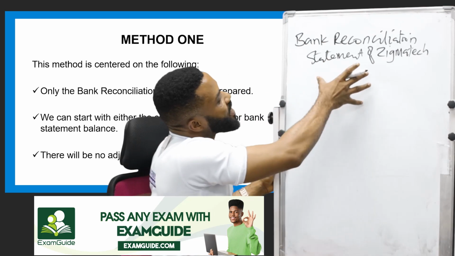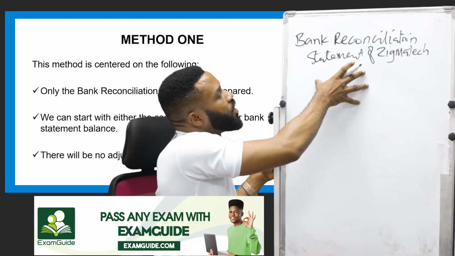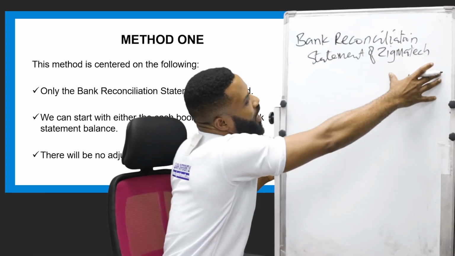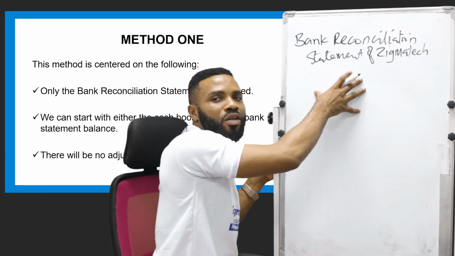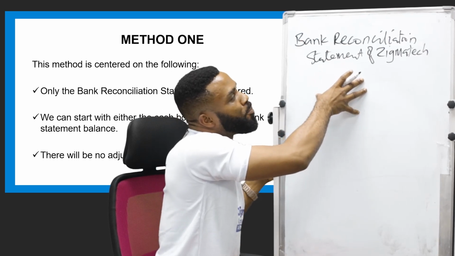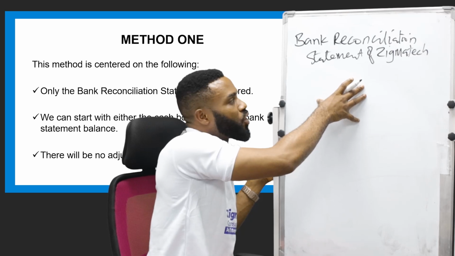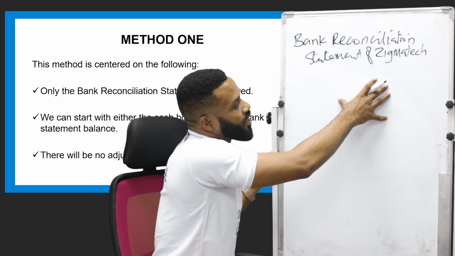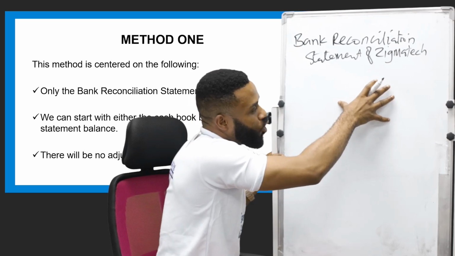Now, this will be the caption. This is what you are doing. It is called the bank reconciliation statement of ExamGuide. Anybody that looks at this statement will know that you are going to reconcile the books that belong to transactions that transpired in ExamGuide as a business setup, as a company.